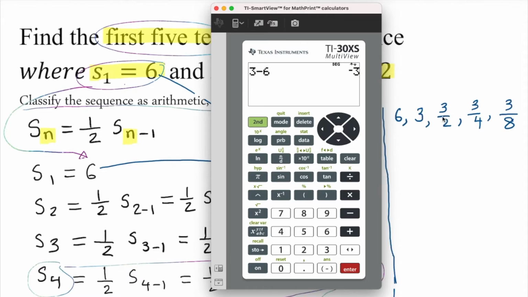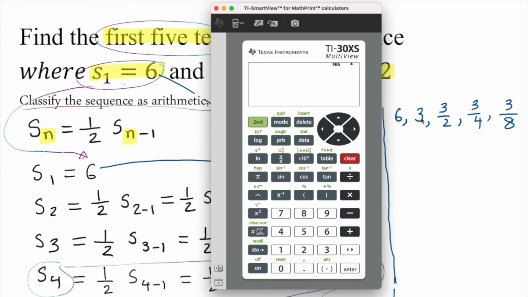Let's subtract the second number from the third: 3 over 2 minus 3 is negative 3/2. Seems like we are not getting the same thing. It's not working, so it's not arithmetic.